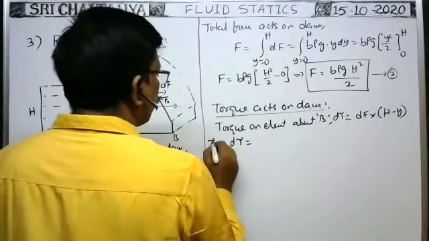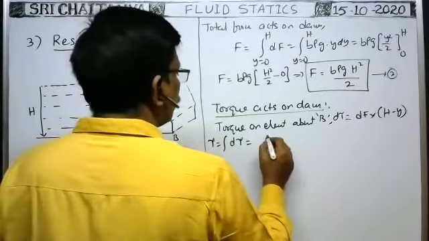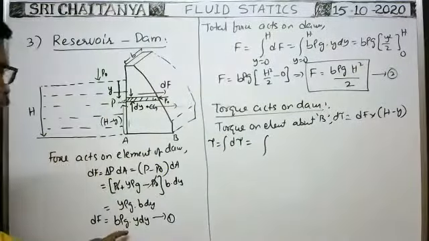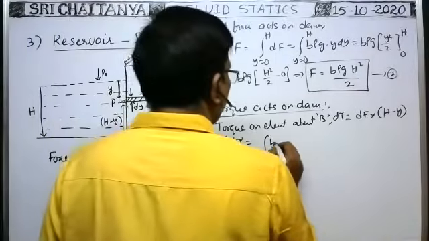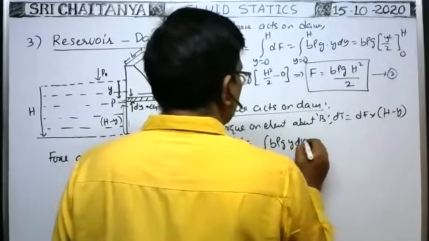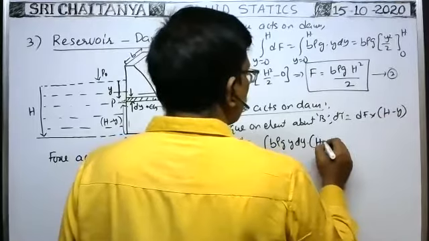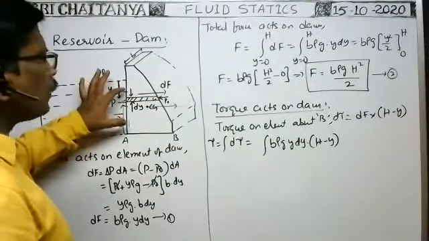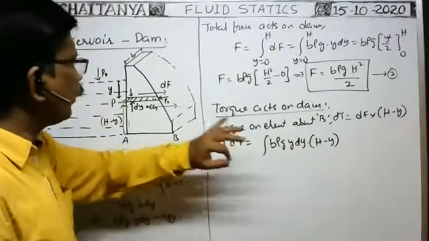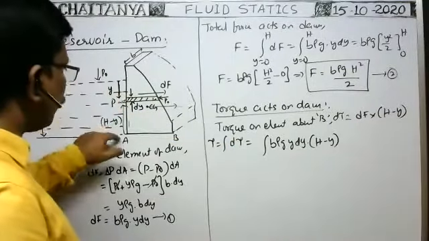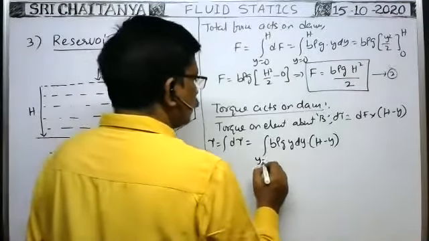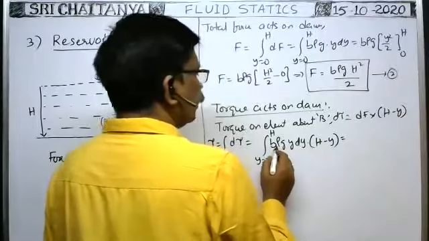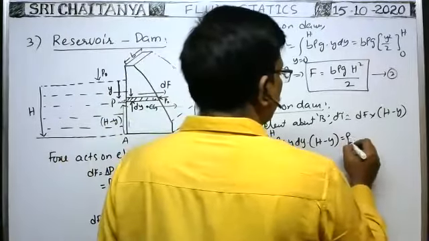Therefore, total torque tau is equal to integral d tau. That is equal to integral of df, meaning B rho g y dy, into capital H minus small y. The limits: the y value changes from 0 to capital H only, because we are integrating with respect to y. So y is equal to 0 to capital H. In this, B rho g are constants, so you write them outside.